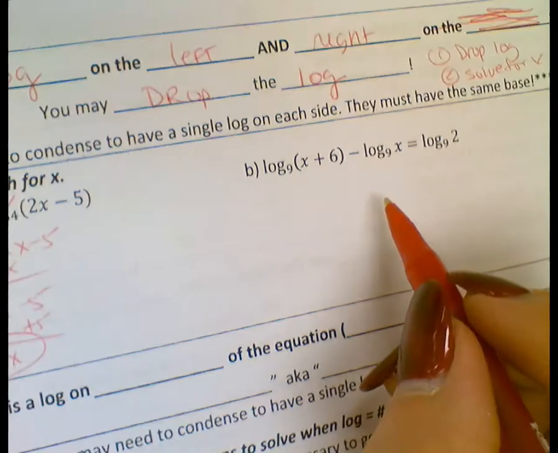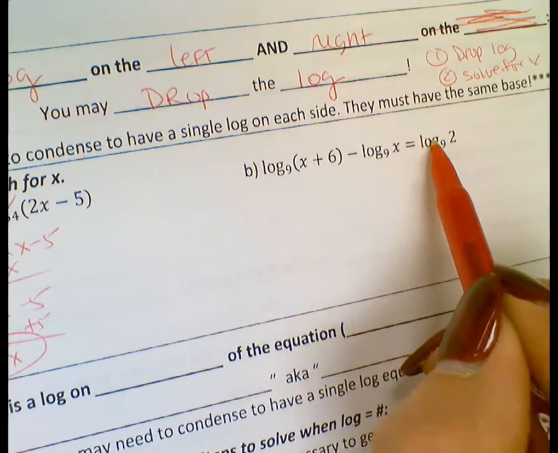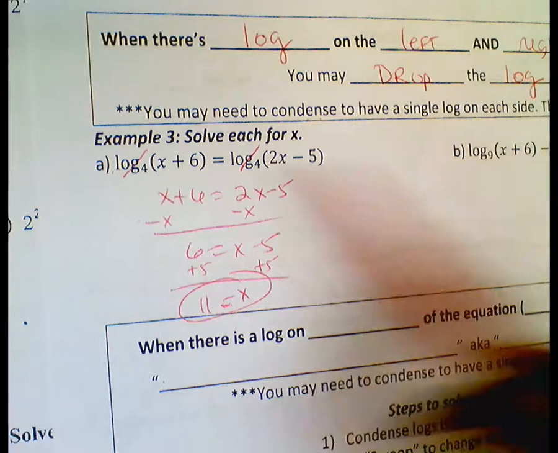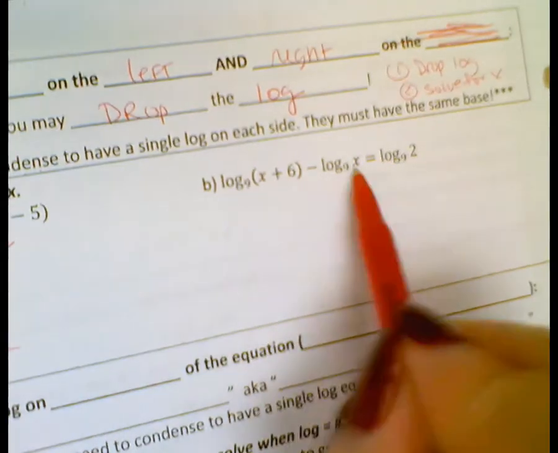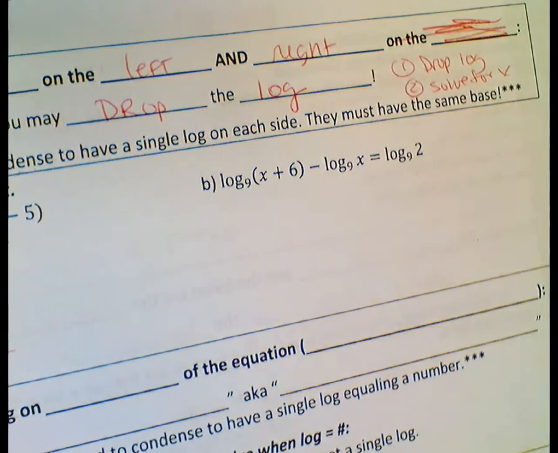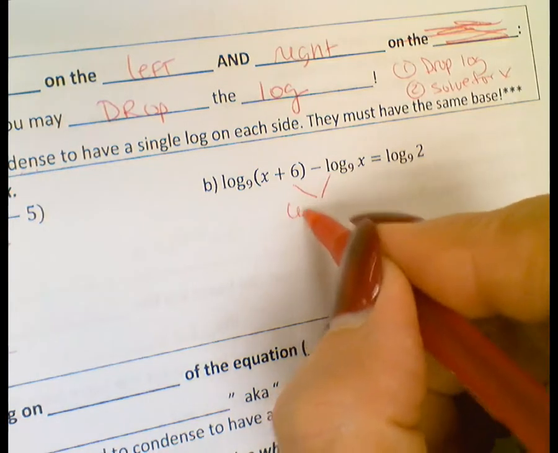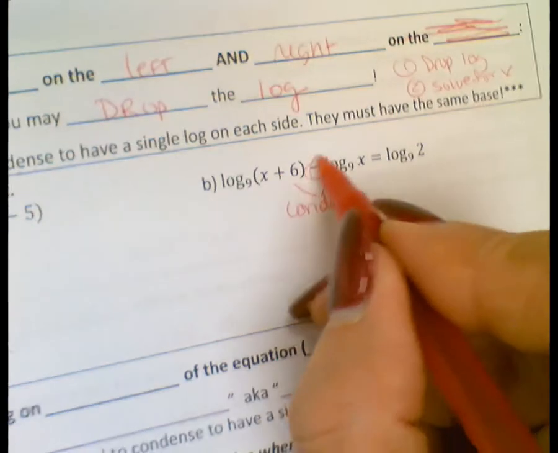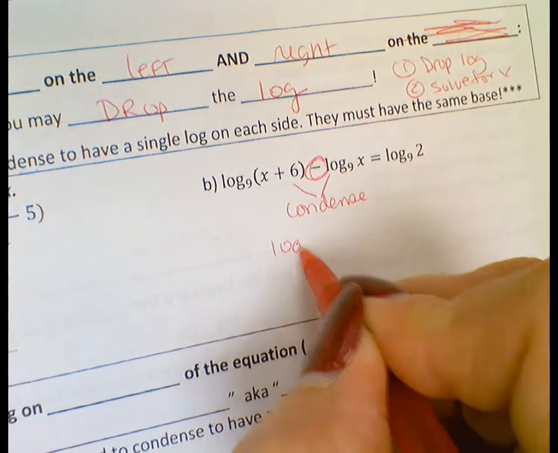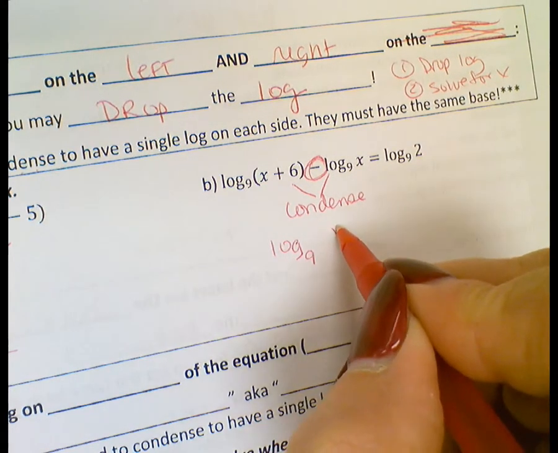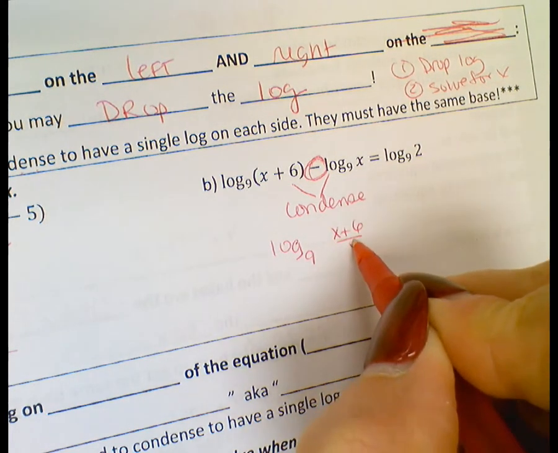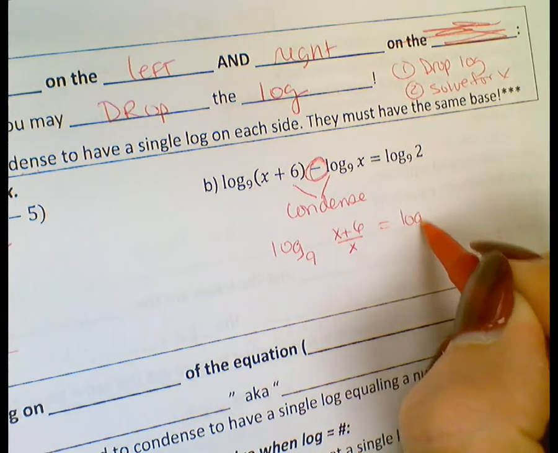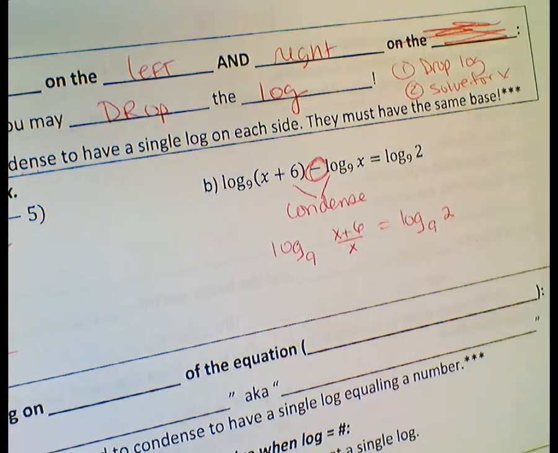Now this one's harder. Count that there are 3 logs. You can't drop 3 of them. You can only drop 1 from each side. So what you have to do is condense. Now we did this in the last set of notes. Who knows what you do when you have a subtraction? If you're saying divide, you are right. Divide. X plus 6 divided by x equals log base 9 of 2.